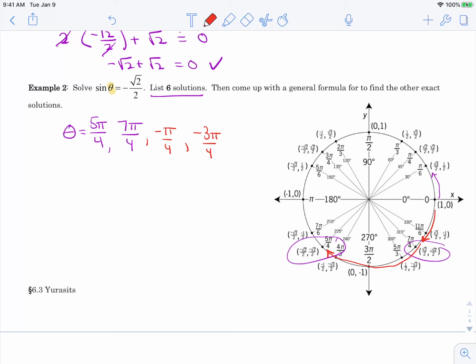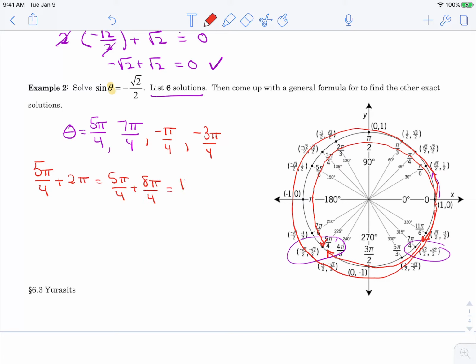I need 6. So if I go around this circle once, that's 2 pi, right? And then I keep going until I hit here, that would give me another solution. So that would give me 5 pi over 4 plus 2 pi. Find a common denominator, which would be 4. So we end up getting 13 pi over 4, right?